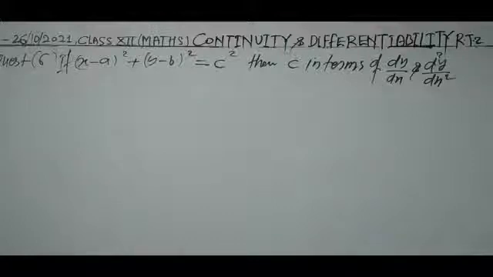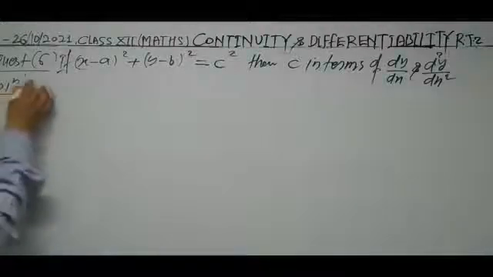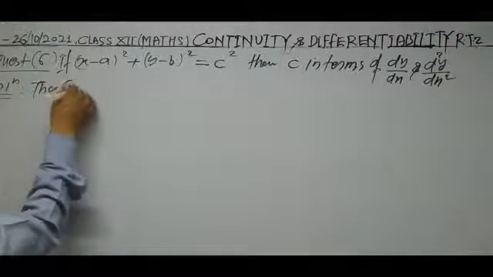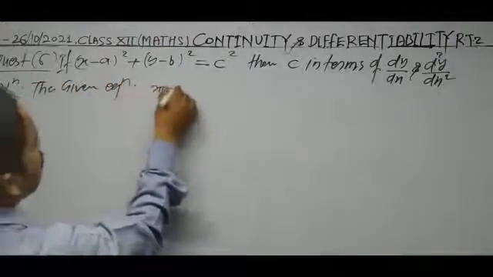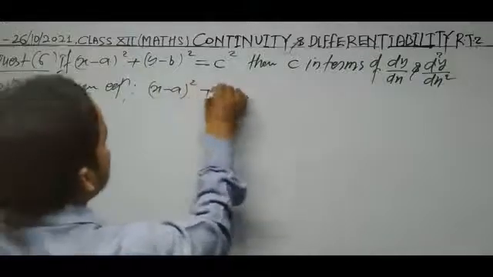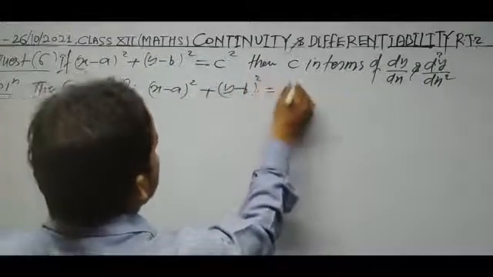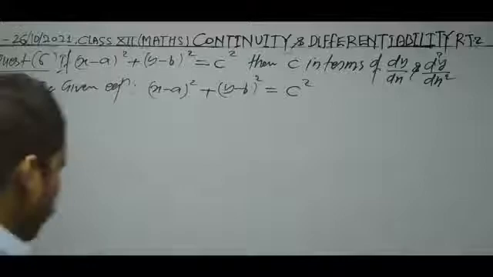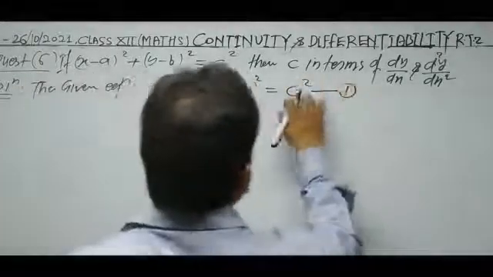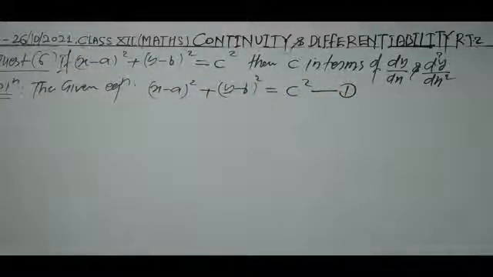So first of all, we have the given equation. Solution. The given equation: x minus a whole square plus y minus b whole square is equal to c square. Consider this as equation 1. In this equation, first of all, you will differentiate with respect to x.